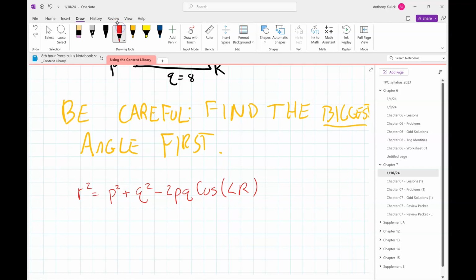To do this, I'm going to rearrange this formula symbolically, and then plug the numbers in, because I find that students are less likely to make a mistake if they leave these as letters than if they make them numbers. So to get that angle R by itself, I'll start by subtracting p squared from both sides.